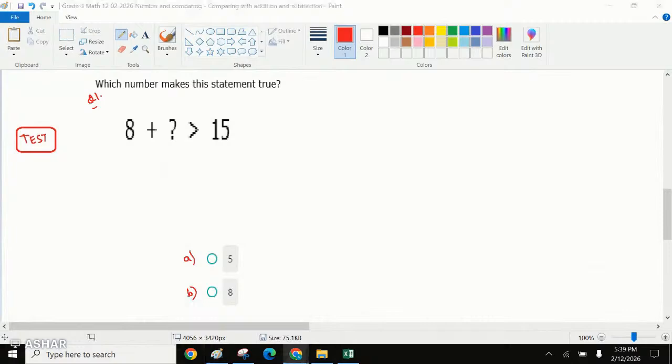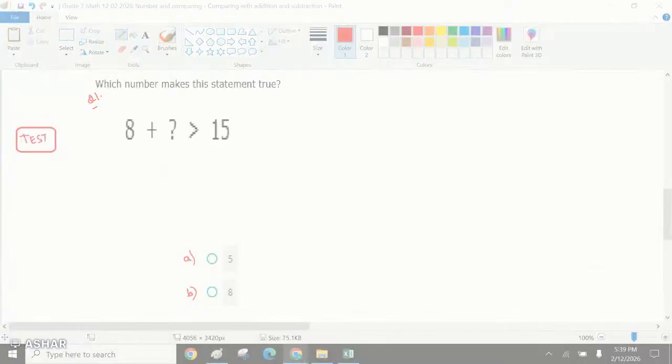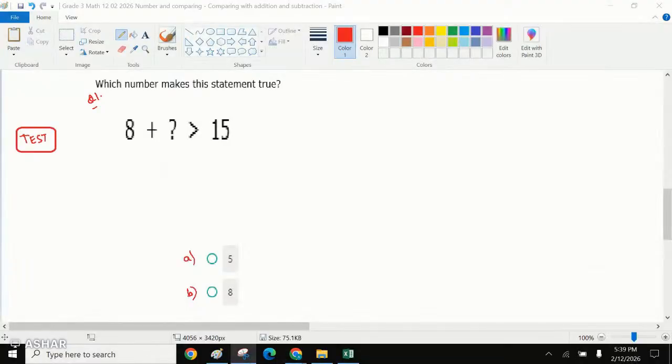See, what I prefer doing is, once I put a 5, 8 plus 5 is 13, which is not greater than 15, right? And the next time I put an 8, 8 plus 8 is a number. Is it greater than 15? So we simply know which option should be true. If the options are given, we just simply put the value of those options.